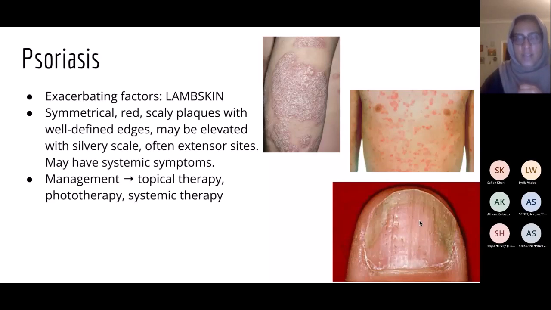You might get onycholysis, which is the nail separating from its nail bed. You might get ridging across the nail too. And you might get hyperkeratosis, the thickening of the nail at the end. You tend to get this very much down the line with uncontrolled psoriasis.